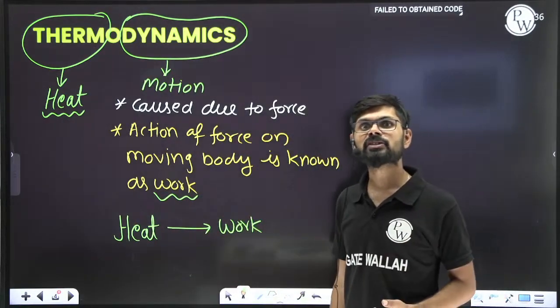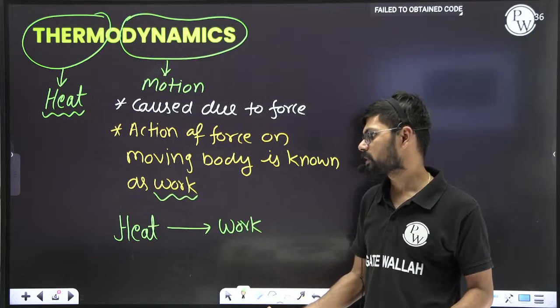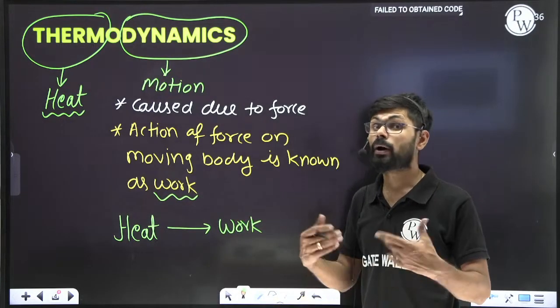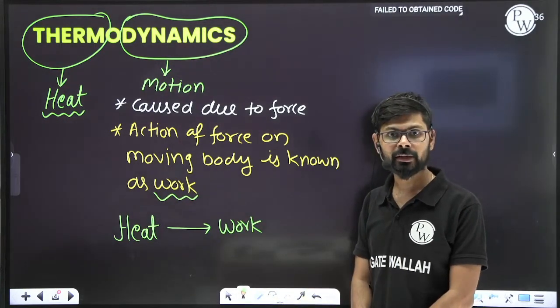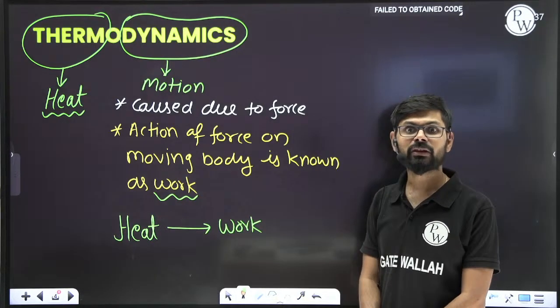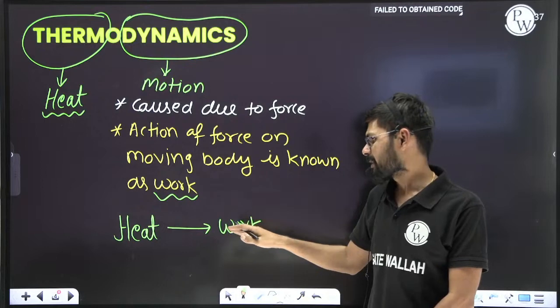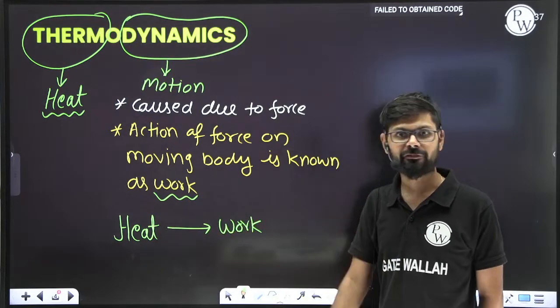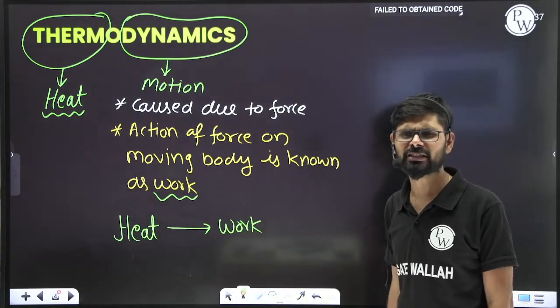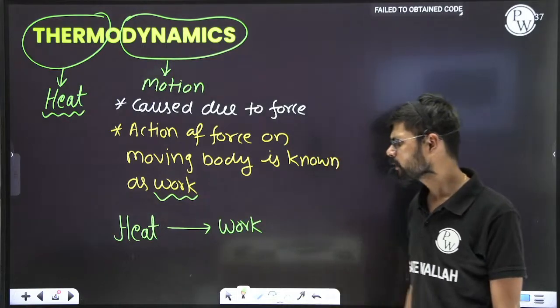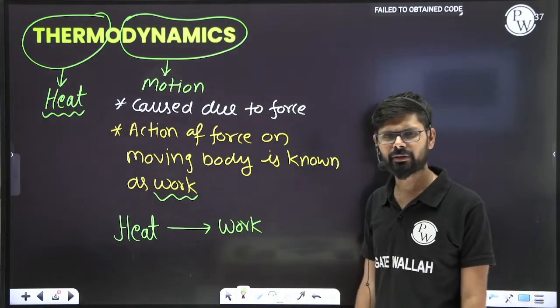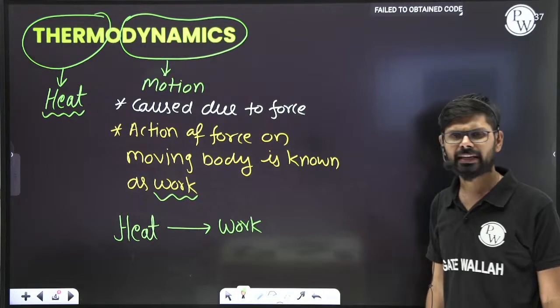In some cases we are producing very low temperature by providing work. In that case we are transferring energy from low temperature to high temperature by supplying work, and that is called refrigeration, or refrigerator, or heat pump. That we'll discuss when we discuss the second law of thermodynamics.